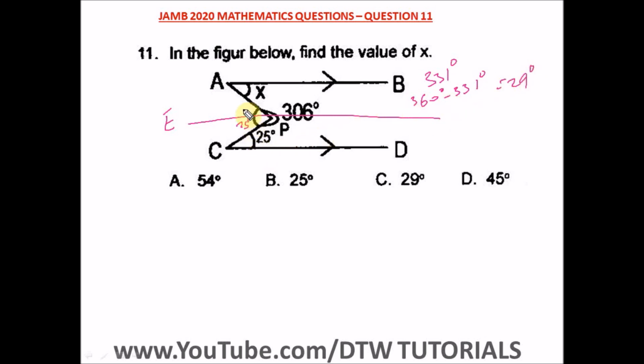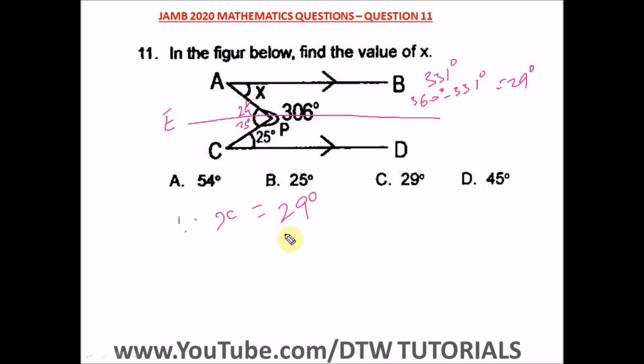So therefore the angle here is 29 degrees. And you agree with me that if here is 29 degrees and here is x, they are the same. Why? Because of what we call alternating angles. So therefore x is equal to 29 degrees.